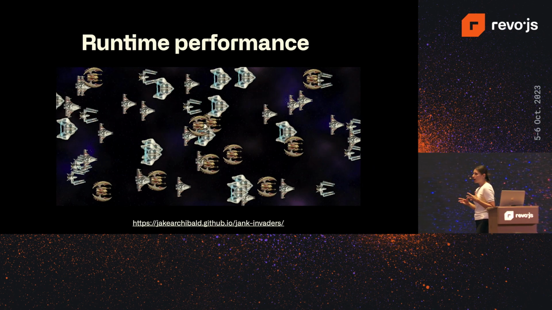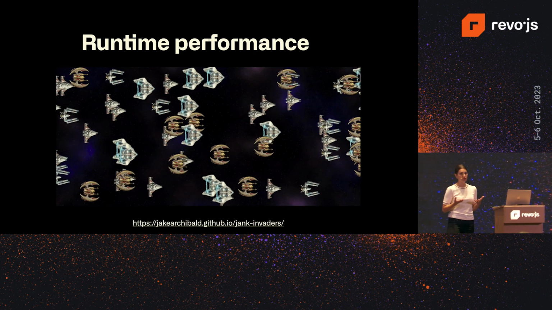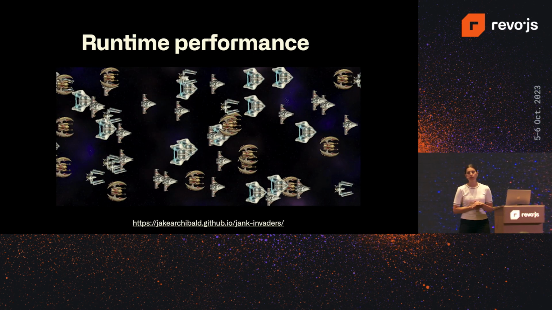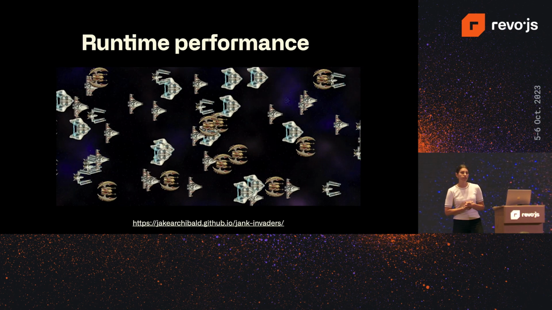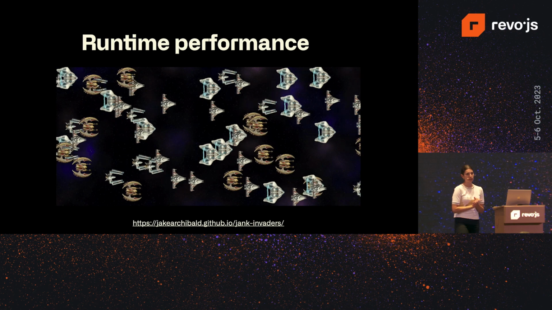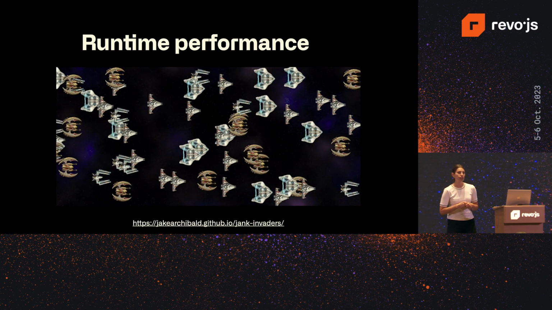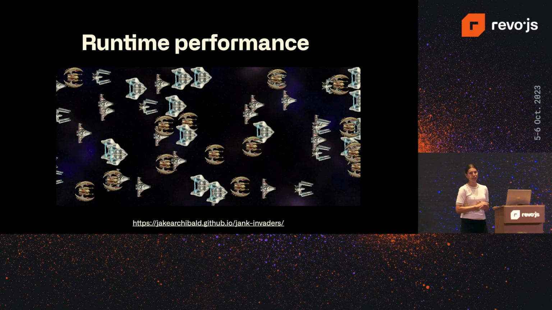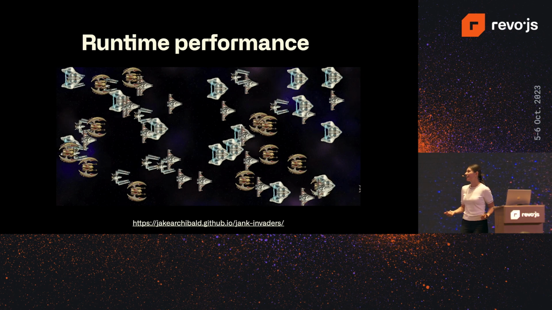Jank is happening when the browser refresh rate is not hitting the refresh rate of the device. Most devices have a refresh rate of 60 frames per second. Newer devices are starting to roll out that have a 120 frames per second refresh rate, which I'm very happy about because I had a similar talk a few years ago and I was predicting that it's going to happen, and it's happening. So I'm really glad.